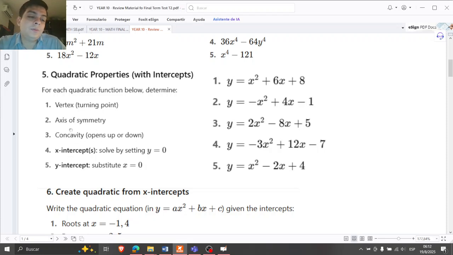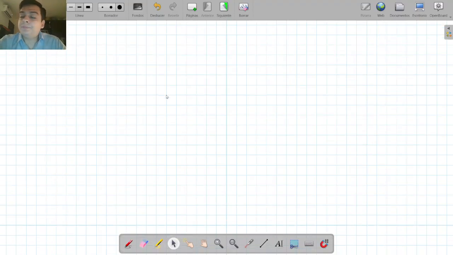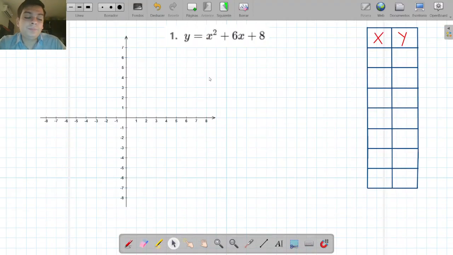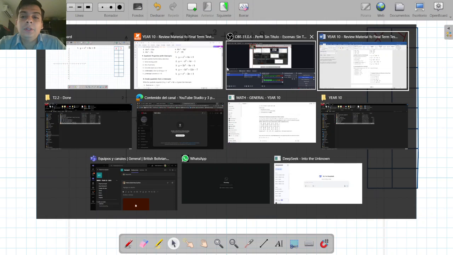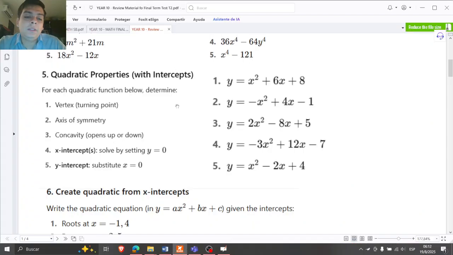All of this is going to be in the exam, except for number 4, but we are going to make it an extra step. We are going to follow some steps for this, and the steps are not going to change for any of the other exercises.